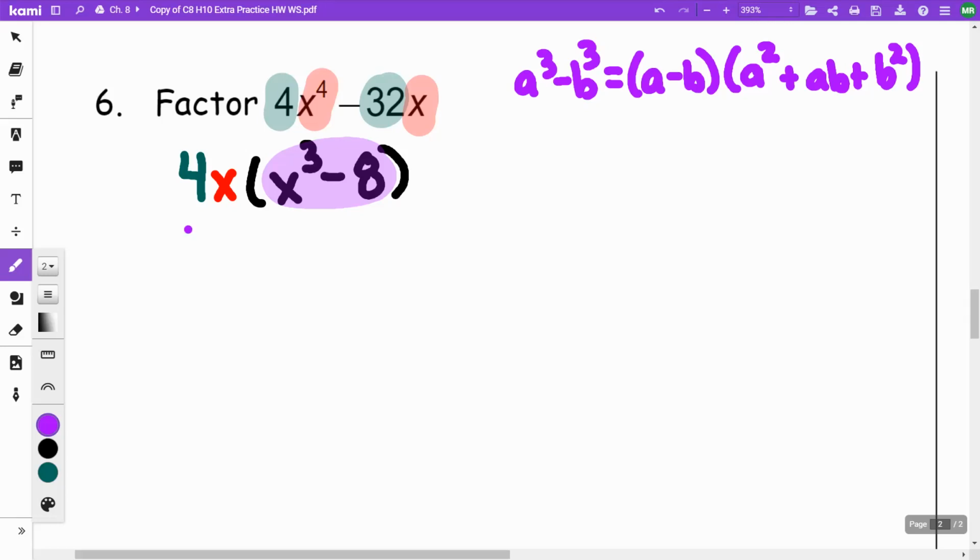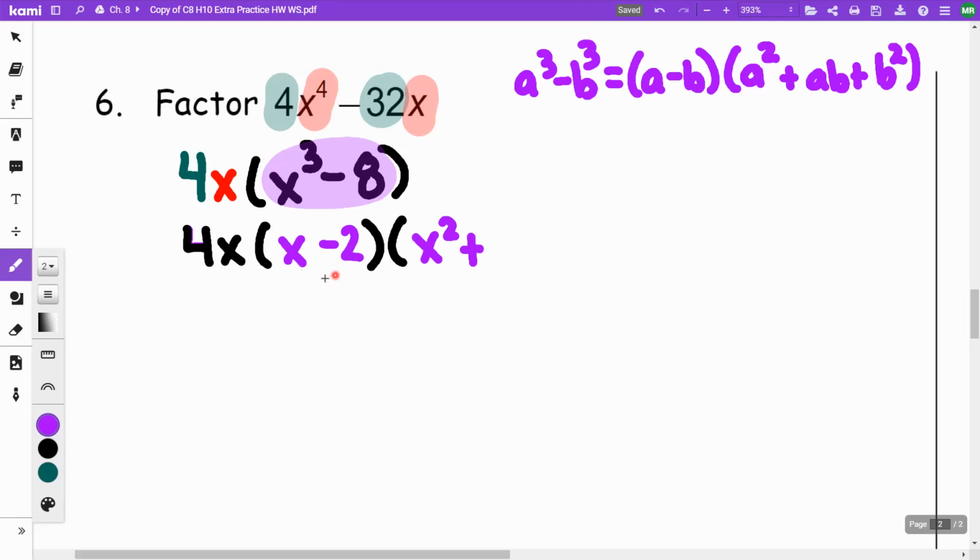So I am going to have a 4x times x minus 2 because that is the cube root of x and the cube root of 8, times, and now I'm going to square this x, so that's an x squared. Change the sign so it's opposite, so that's going to be a plus.